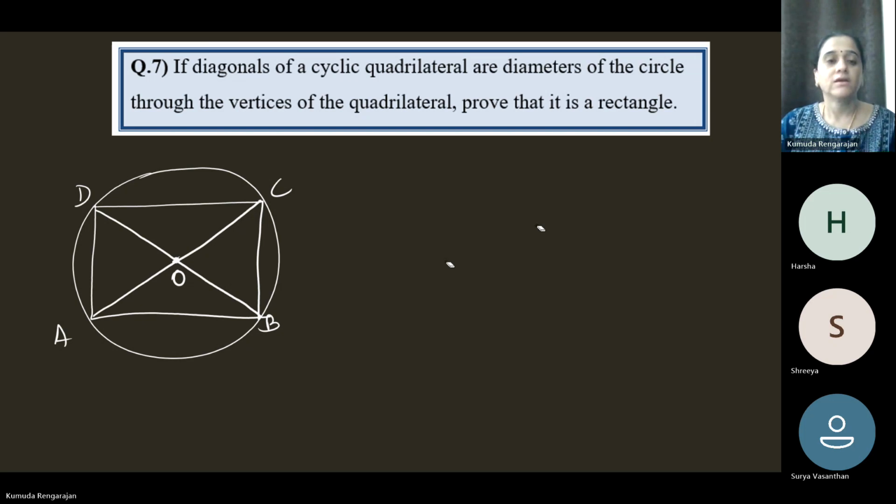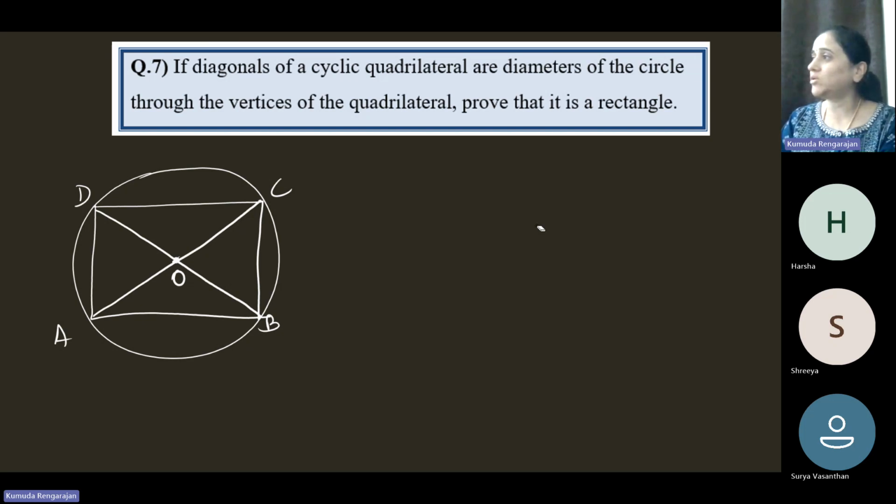If the diagonals of a cyclic quadrilateral are diameters of the circle through the vertices of the quadrilateral, that we understand. Prove that it's a rectangle. That's why we drew the quadrilateral ABCD to look like a rectangle. That's what you'll have to prove. What's the definition of a rectangle?